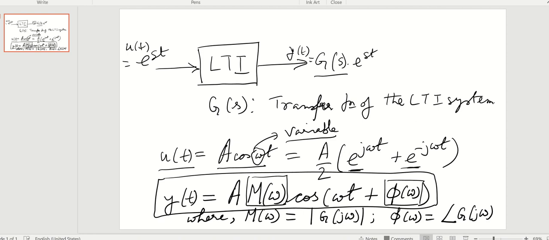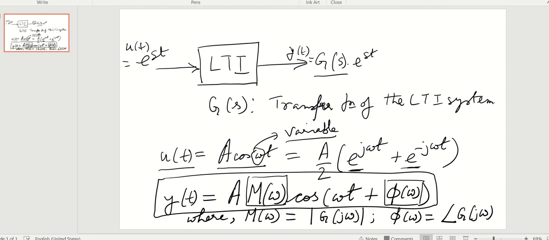Can you determine this uniquely? If so, then this plot of m of omega and phi of omega will also allow you to identify the linear time invariant system with which you are experimenting. So this can be posed as a question of system identification.